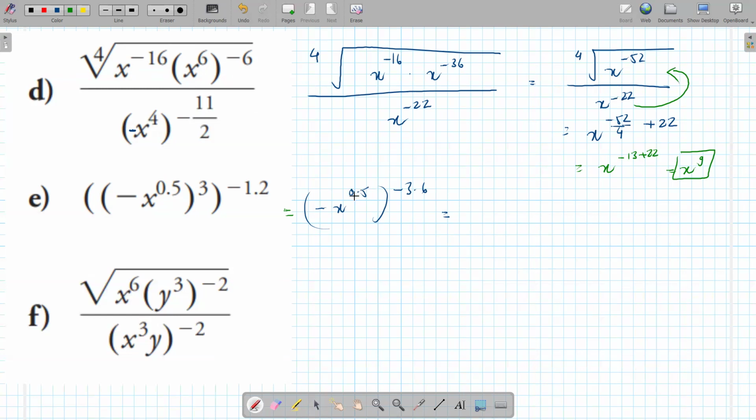So look at this. When you're opening this bracket, it becomes this negative sign, or negative 1 to the power of negative 3.6 times x to the power of 0.5 times that, which is negative 1.8. Negative 1 to the power of negative 3.6.